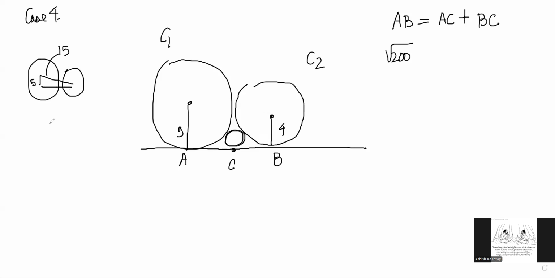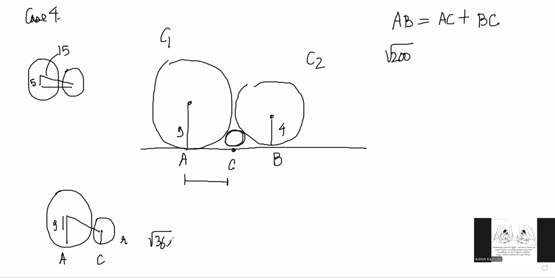We have done this calculation several times. Now I will use the length AC. I will try to find using circle C1 and circle C. They are touching each other. And this is R, and this is 9, and this is AC. So I have 9 plus R and 9 minus R here, and this will come out to be root 36R, right? Correct.